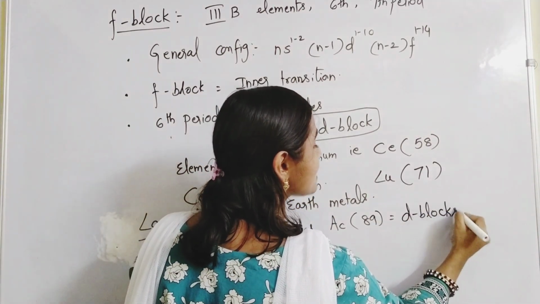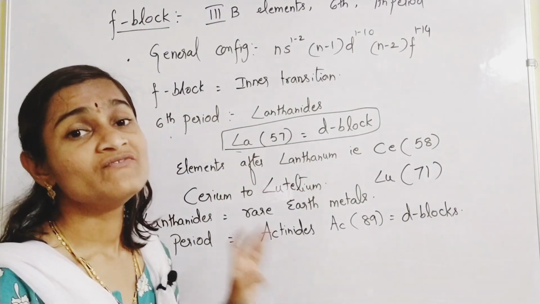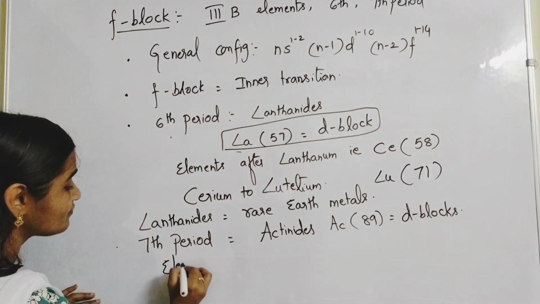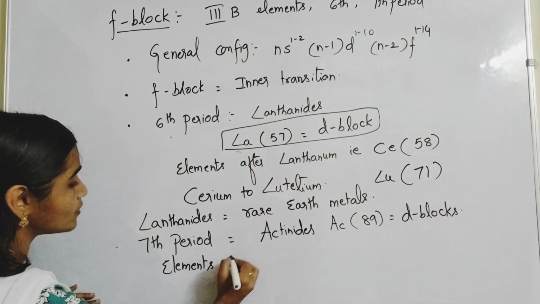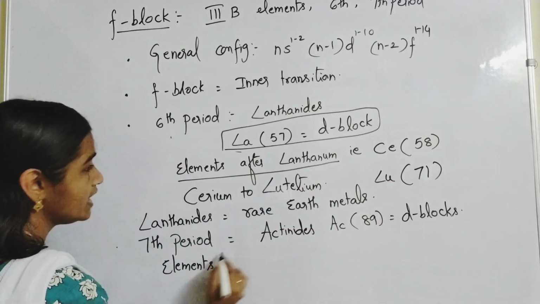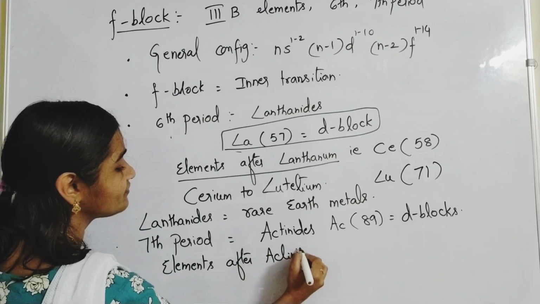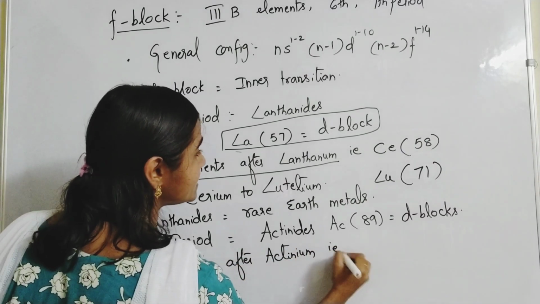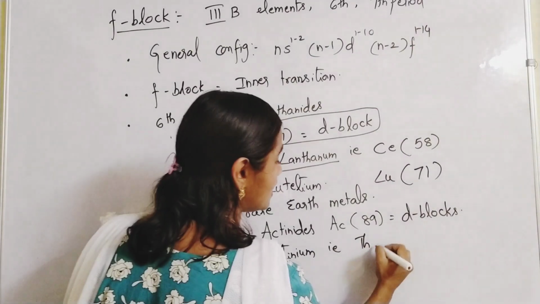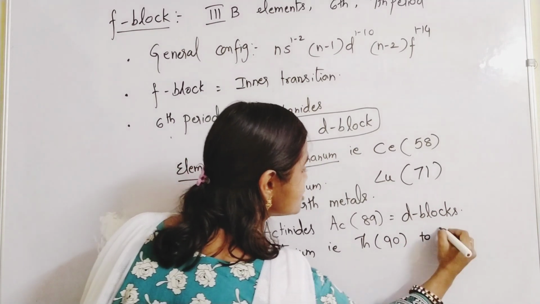Please remember these 2 points: elements after lanthanum, that is from cerium to lutetium, and elements after actinium, that is from thorium to lawrencium. Thorium has atomic number 90.